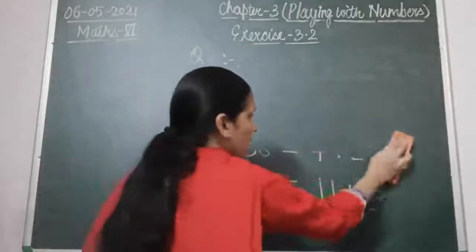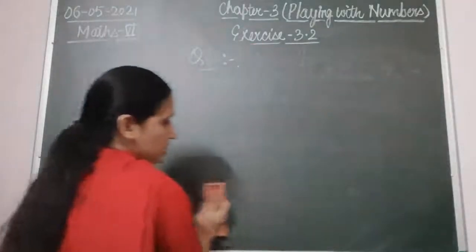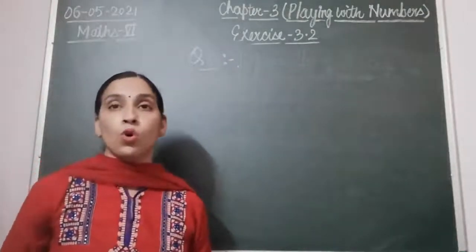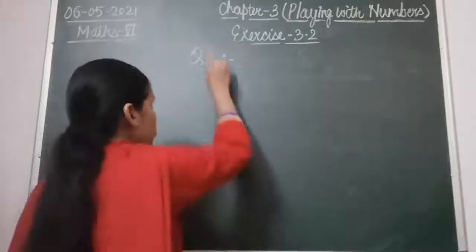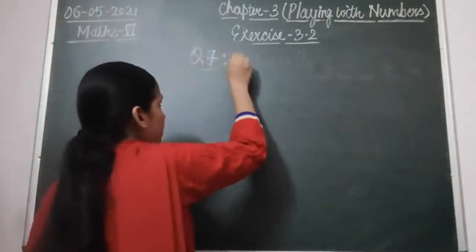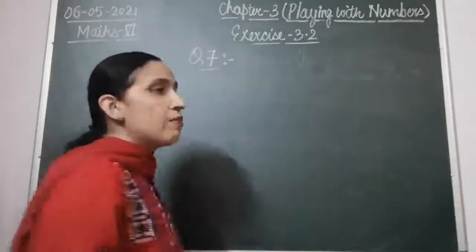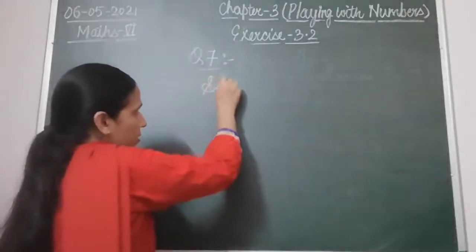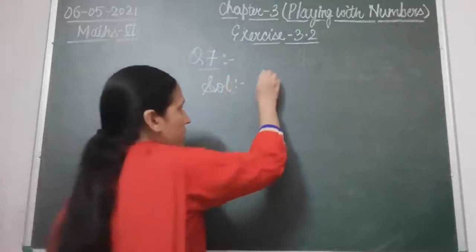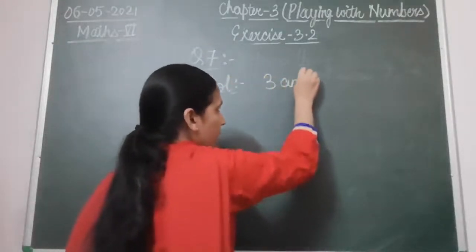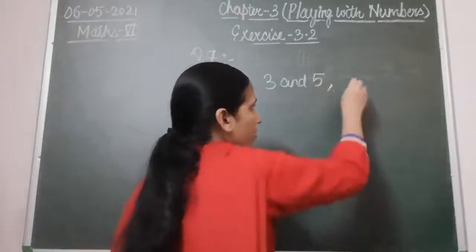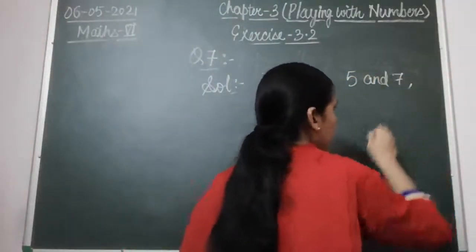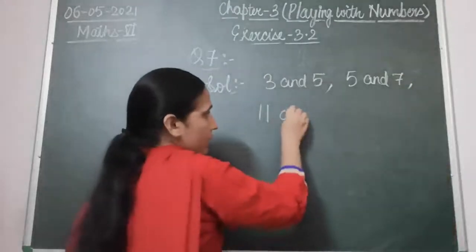Now what do you have to do in this question? In question number 7, you have to write pairs of two prime numbers whose difference is 2. So many are there. We can write 3 and 5, then 5 and 7, then 11 and 13.